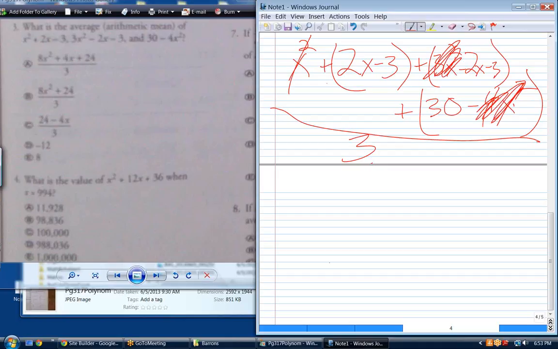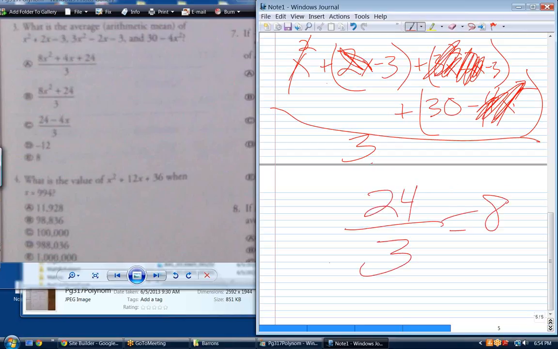How many x's do we have? 2x minus, that's 0. How many numbers do we have? Minus 3 plus minus 3 is minus 6. Plus 30 is 24, divided by 3 equals 8, is our answer.